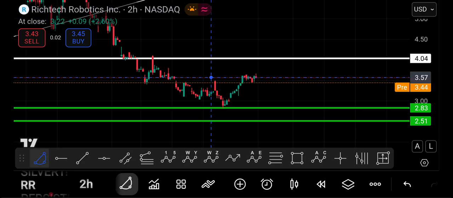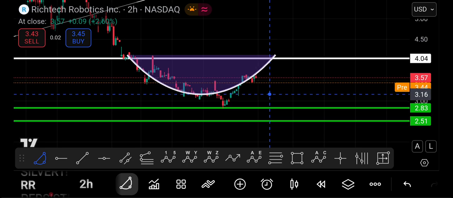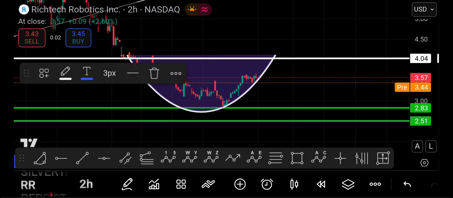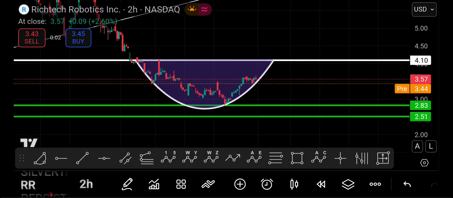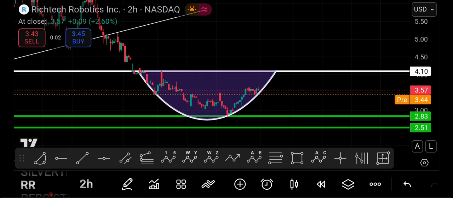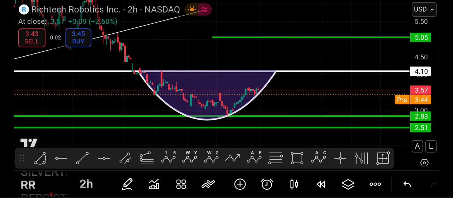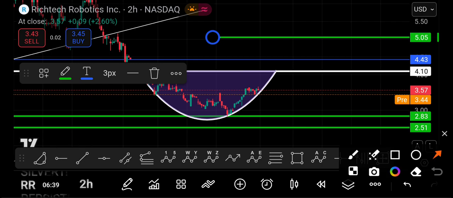And if the stock succeeds to close above the level of $4.10, always keep in mind, then there is a rounding bottom formation, and this $4.10 will cause a breakout of the rounding bottom, and it will take the stock towards the target of $5. And in between, there will be a resistance around 4.43. So there is a possibility that the stock will give the breakout.